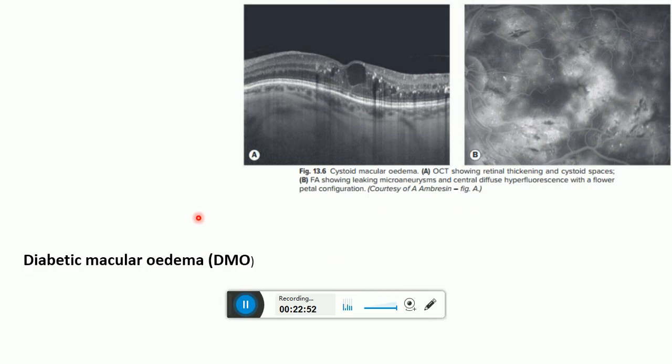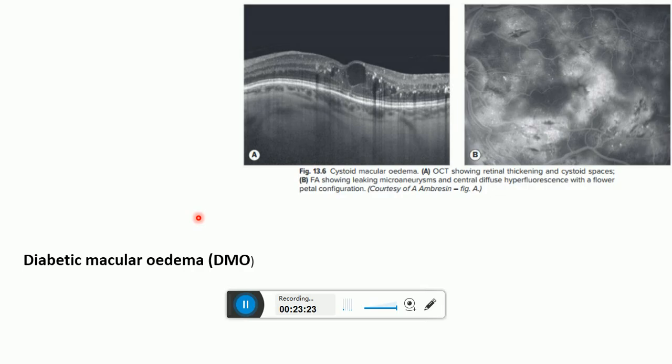Diabetic macular edema. Diabetic maculopathy consists of macular edema, macular exudates, or macular ischemia. Diabetic macular edema is the most common cause of moderate visual impairment in diabetic patients, particularly type 2.